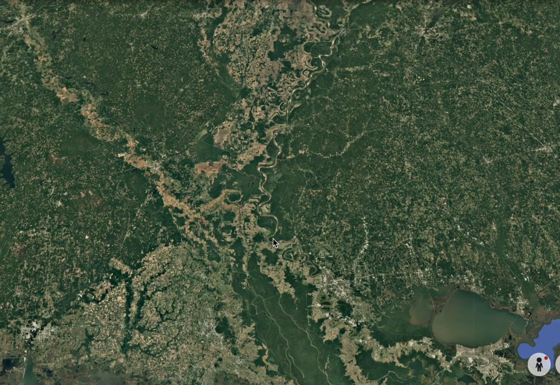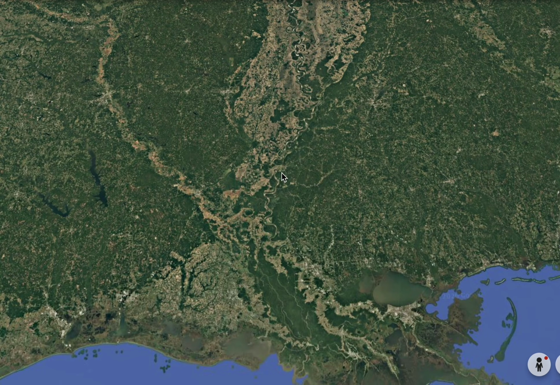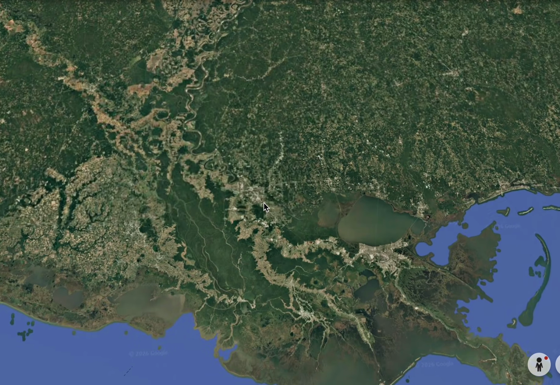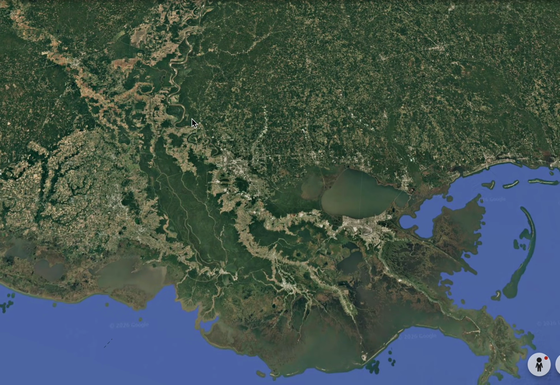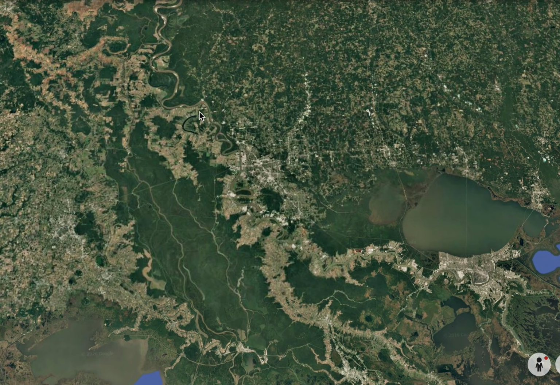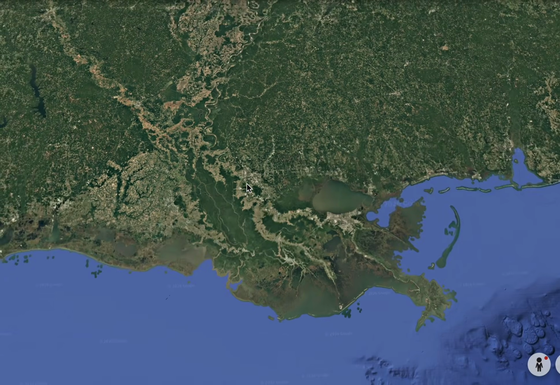So it's very interesting to think that when these valleys were forming, the Red River influenced where the Mississippi enters the Gulf. So it wraps around to the east because of the Red River. So that's something that I think is pretty interesting.